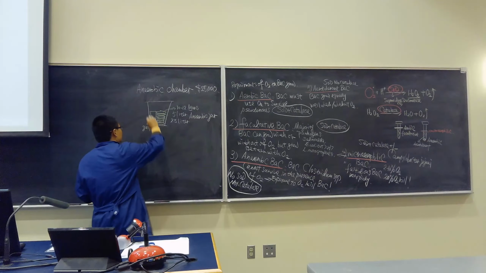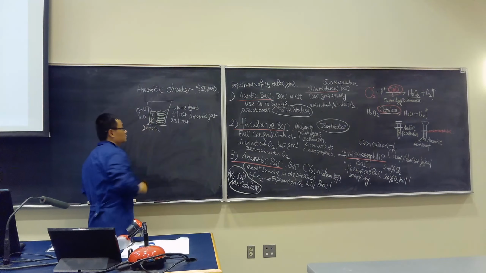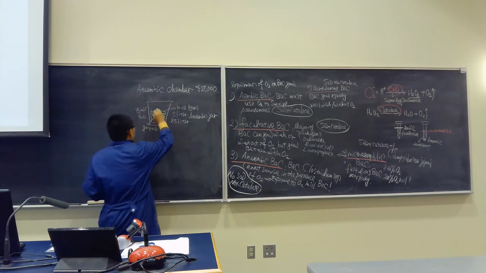And the gas pack, we're going to fill in with 15 ml water. So what they're going to generate is hydrogen. And the hydrogen will react with oxygen originally inside of the jar and it becomes water.